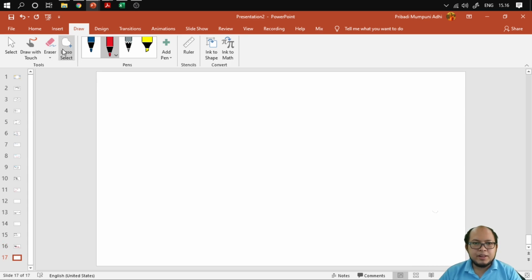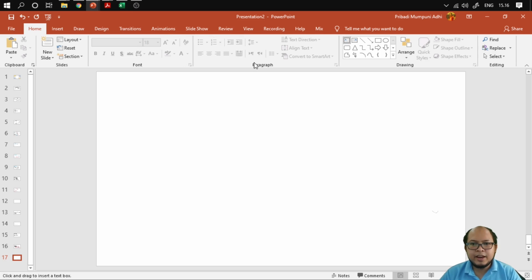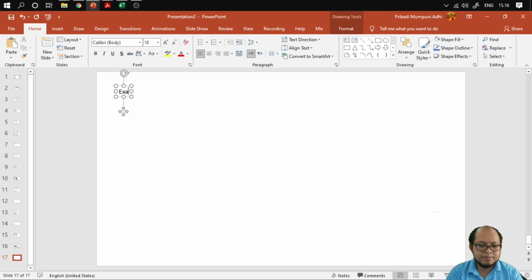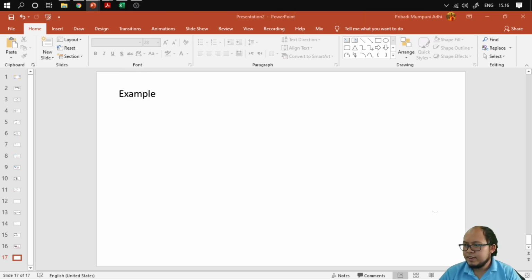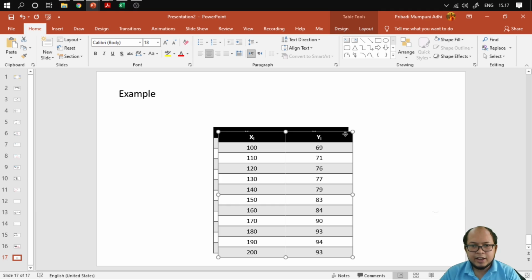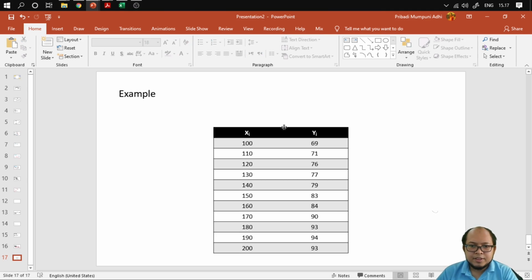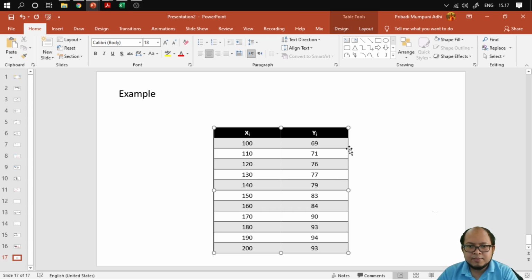Okay, so for example here I have data. This one is the data of x and y. So in total we will have 11 data here.